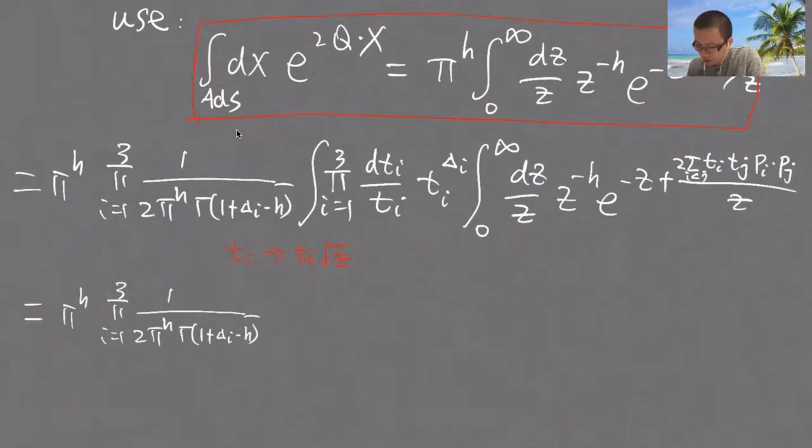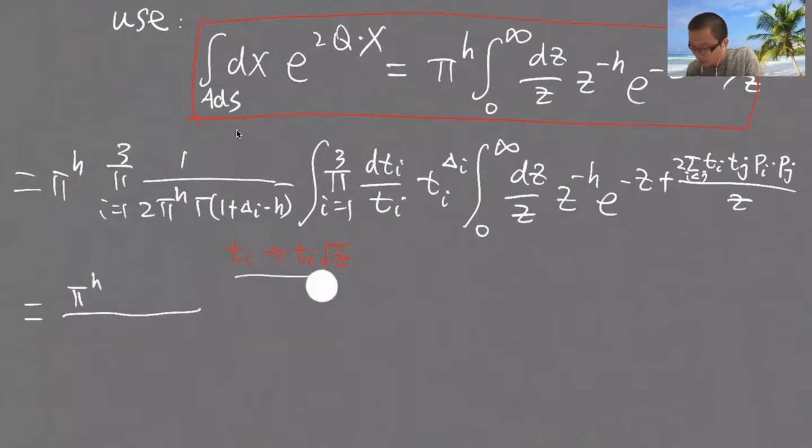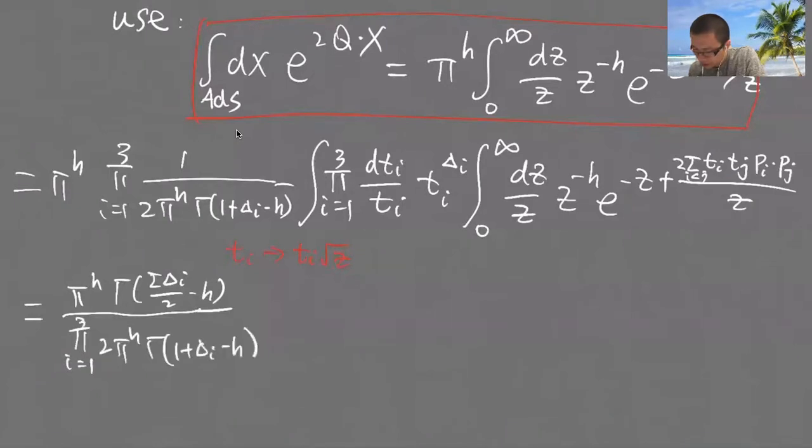So as I said, do this rescaling, then do the z integral. The result is π^h, this sum over i equal to 1 to 3, then this prefactor again, 2π^h Γ(1 + Δ_i − h).